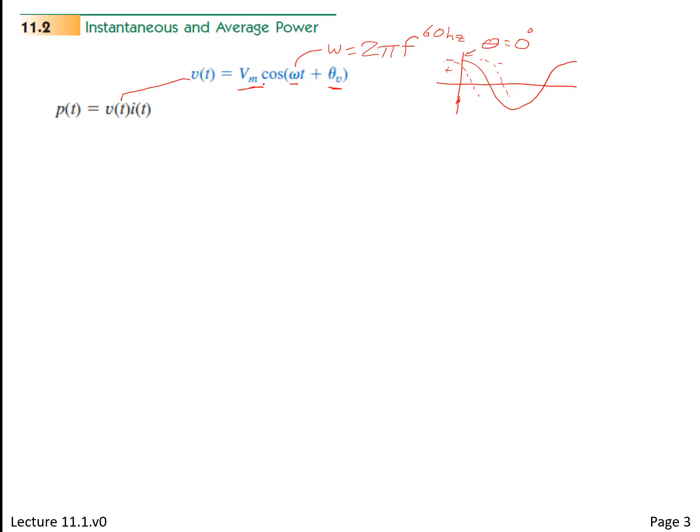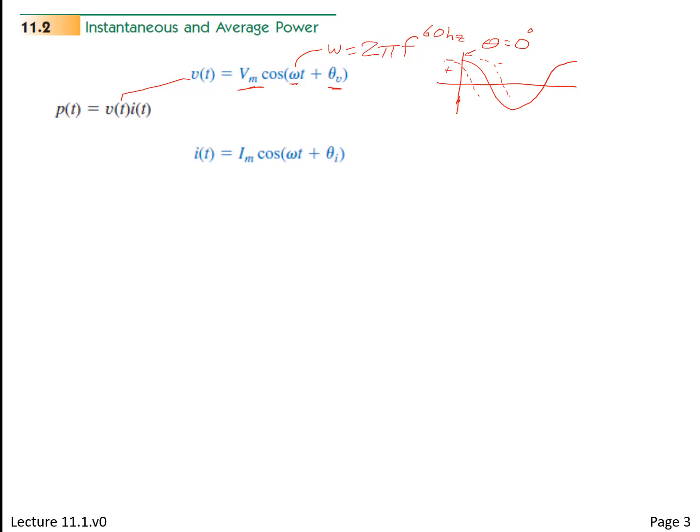If time is 0, I have the cosine of theta. And the cosine is going to fall in the first 90 degrees, so in other words, I have to be right here. So it's a little confusing looking, but just keep that in mind. You'll see these things come up now and then.